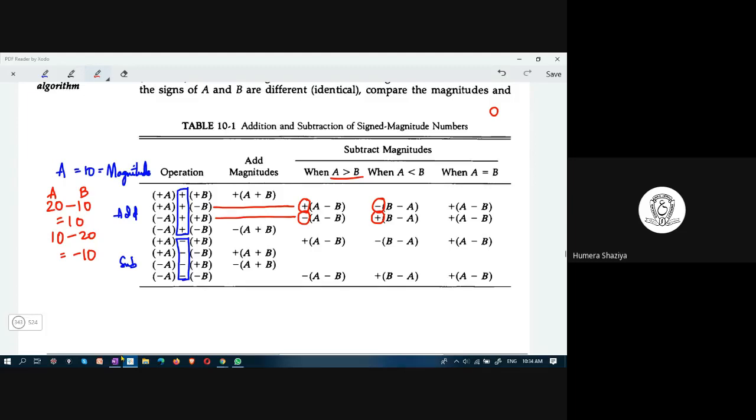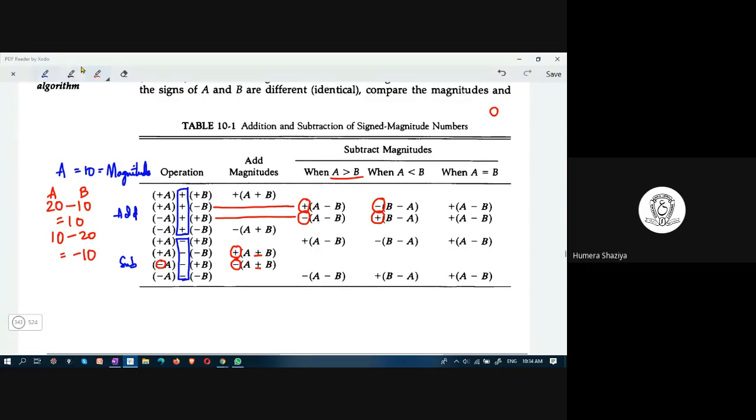Oh, sorry, minus minus plus. So you perform plus. Here minus minus plus, plus plus plus. So you perform plus. But then what will be the sign of the result? Here because A is plus, you get plus, and here A is minus, you get minus. The result, the difference, would take minus sign.